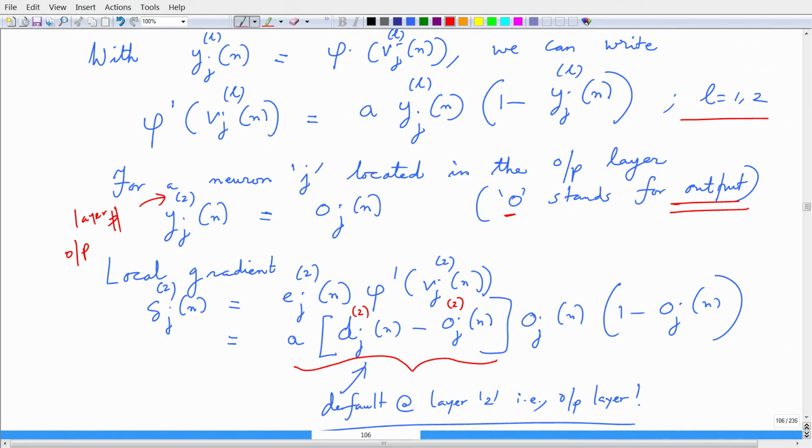Now, going by this term here, phi dash, the derivative of the activation function. So, this term we just plug in, I call this equation 1.